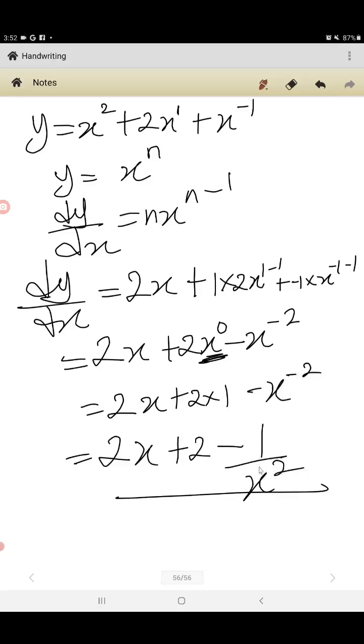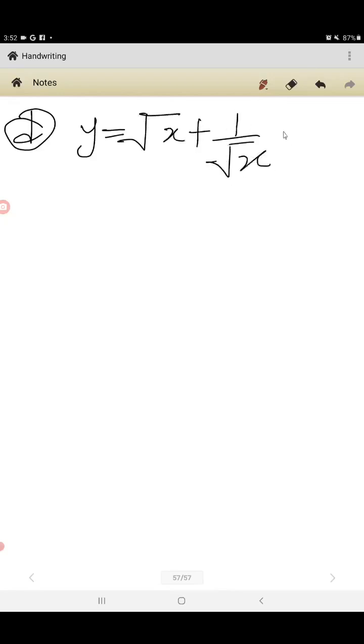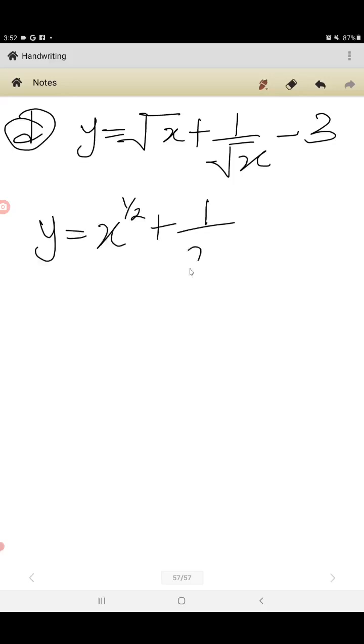By the time we apply this, let's solve another one that you might come across in elementary calculus. Let's say y is equal to root x plus 1 over root x minus 3. If you have to differentiate this, the first thing to do is to simplify, which gives y equal to x raised to the power half plus 1 over x raised to the power half minus 3.